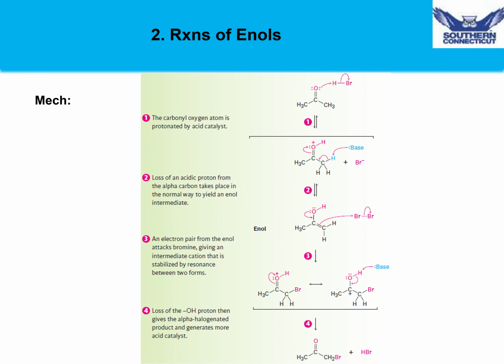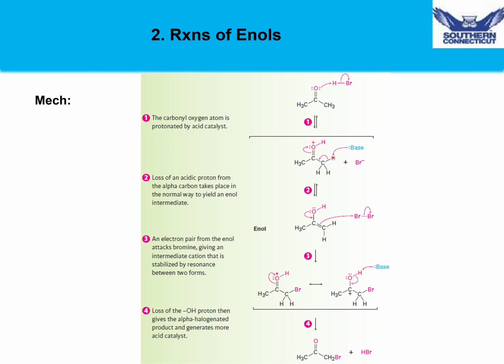So let's look at the acid-catalyzed alpha halogenation of ketones and aldehydes. It starts off with a ketone or an aldehyde being protonated by acid, either acetic acid or HBr, which results from the mixing of acetic acid and bromine. The carbonyl gets protonated. That gives us this protonated carbonyl, which then reacts with base.